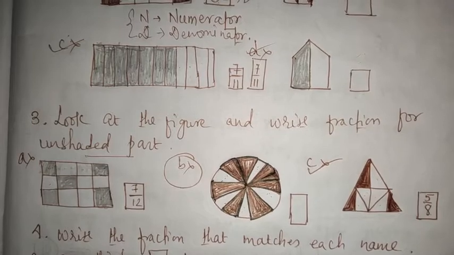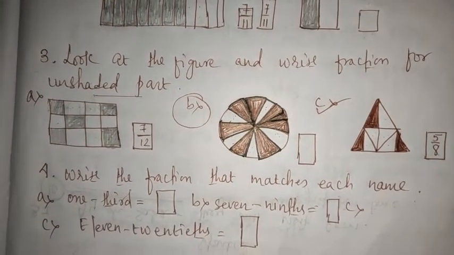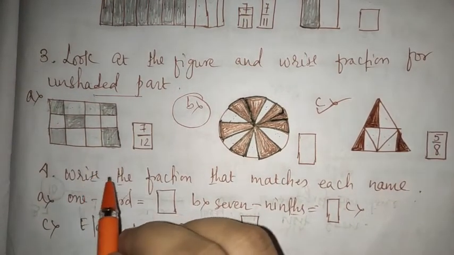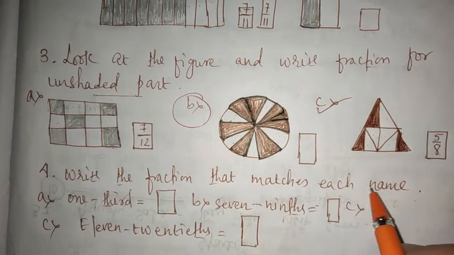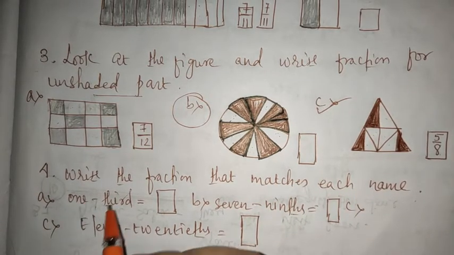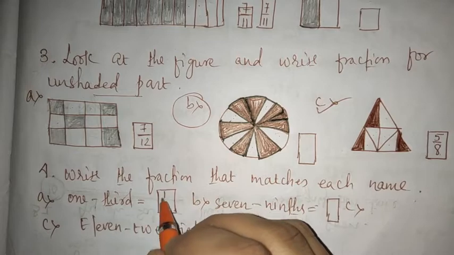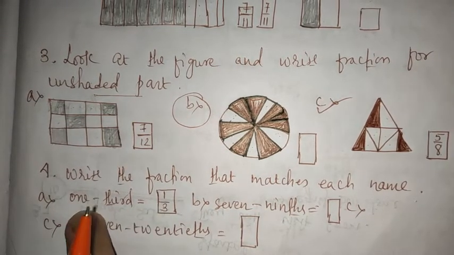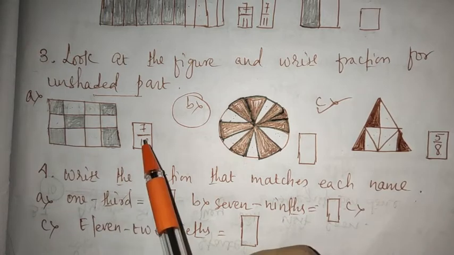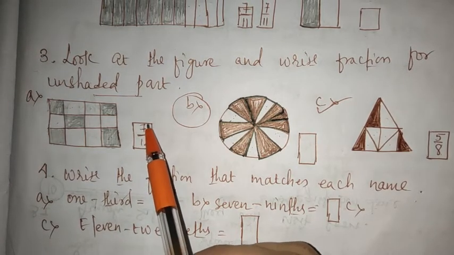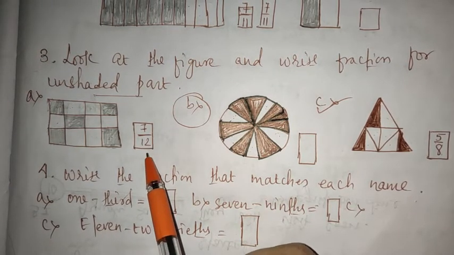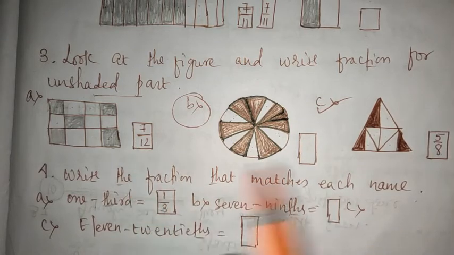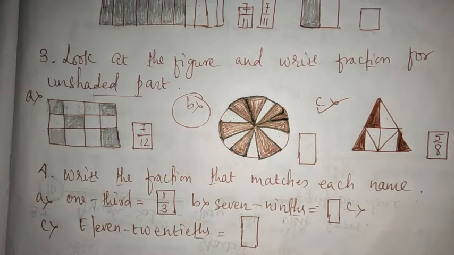Okay, proceeding to number 4, here we have: write the fractions that match each name. So 1/3 means 1 by 3. This is the way to write down any fraction. If you have to write 7 by 12, you write 7/12. The numerator remains the same as the number said.